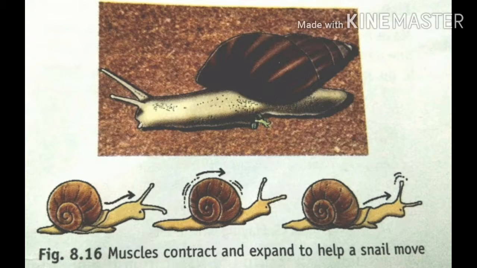The muscular foot produces a series of wave-like movements that help the animal move forward. The shell is dragged along with the foot, carried along with the snail's body. The shell cannot help the snail in its motion.